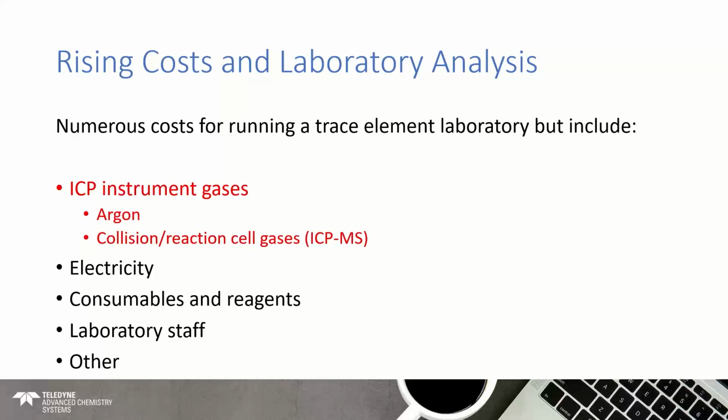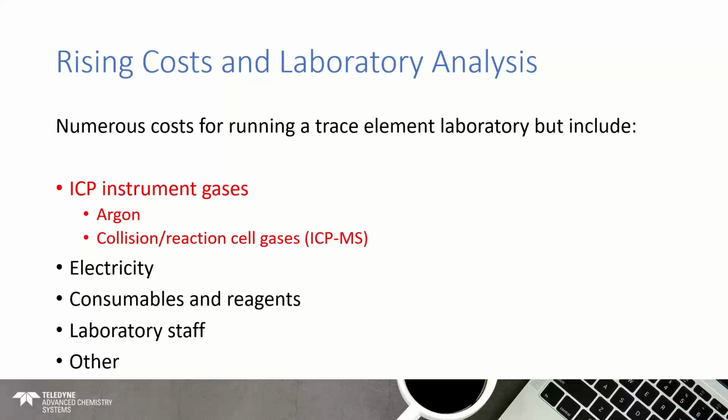Primarily the key one here is going to be argon. So argon is required for the duration of the analysis, as well as time to get your instrumentation ready and warmed up, etc. So the operating costs just in argon are one of the key consumables in this laboratory environment.